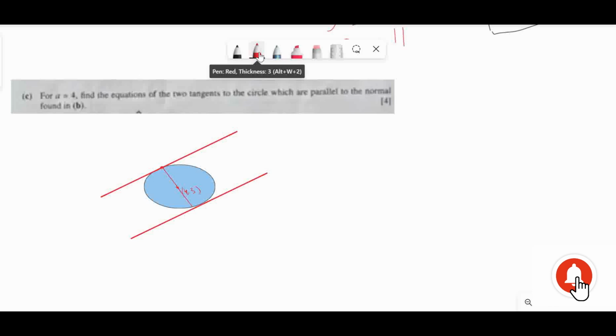This was the equation of the tangent line given in the question, y is equal to 1 by minus 2x plus 11. This was the equation of the normal. Let me write it over here. So minus 2x plus 11.